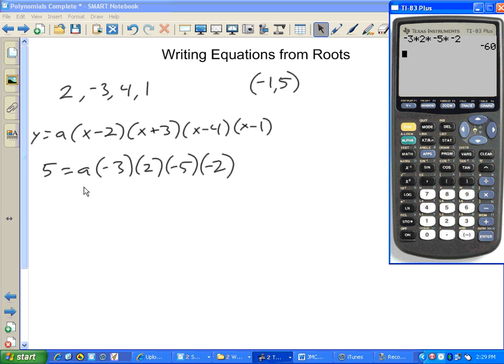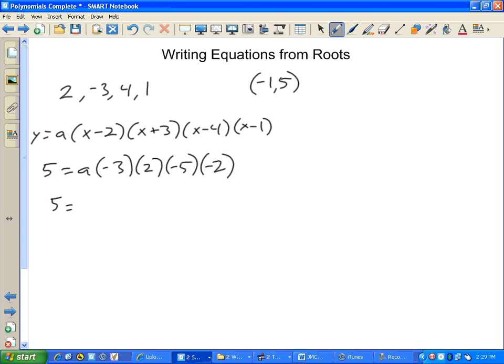Okay, so I've got 5 equals -60a. Divide by -60. I'm going to get -1/12 equals a. So then y equals -1/12 times x minus 2, x plus 3, x minus 4, and x minus 1.